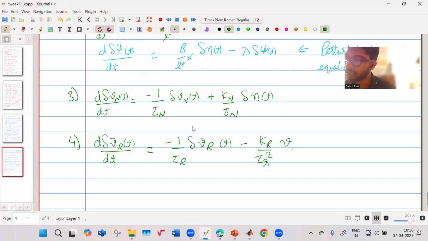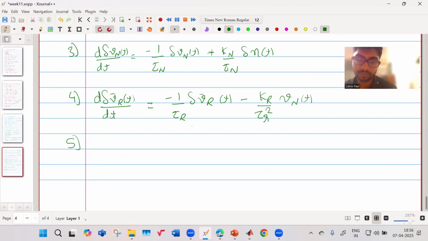Okay, the fifth equation is given by d of delta h of t upon dt is equal to Vm into delta of v of t.